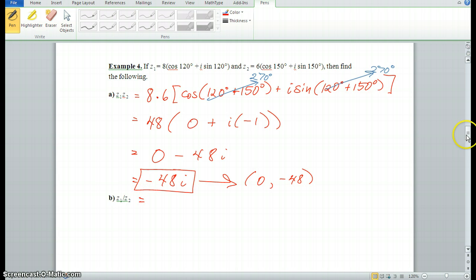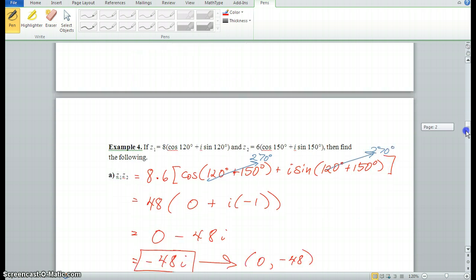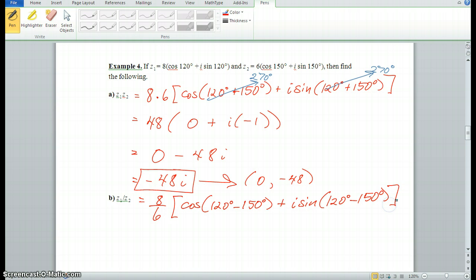So again, if we go back to the previous page and see what that particular formula is all about, we divide our r sub 1 and r sub 2 values and multiply times cosine theta sub 1 minus theta sub 2 plus i sine theta sub 1 minus theta sub 2. So let's do that simply by, again, dividing 8 over 6, our r1 and r2 values, and then we'll take the cosine of 120 minus 150, plus i sine 120 minus 150.